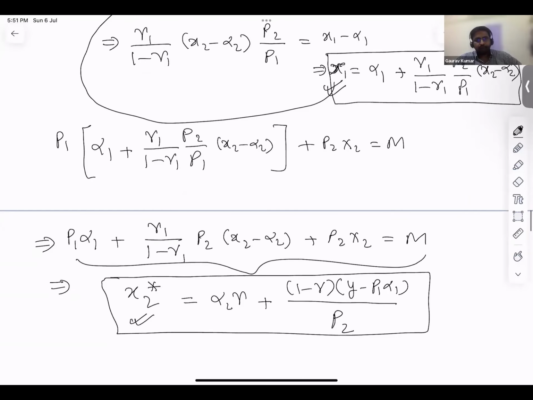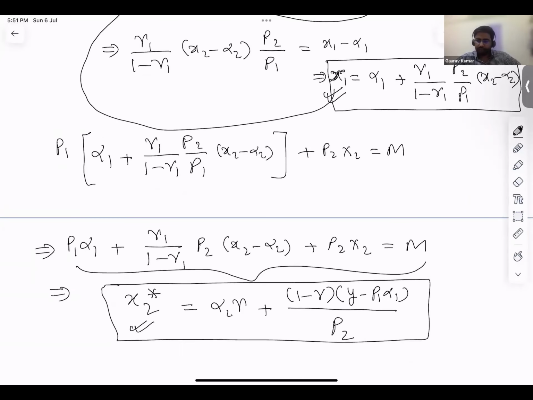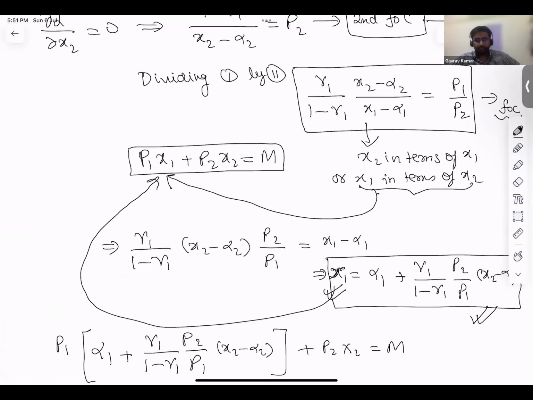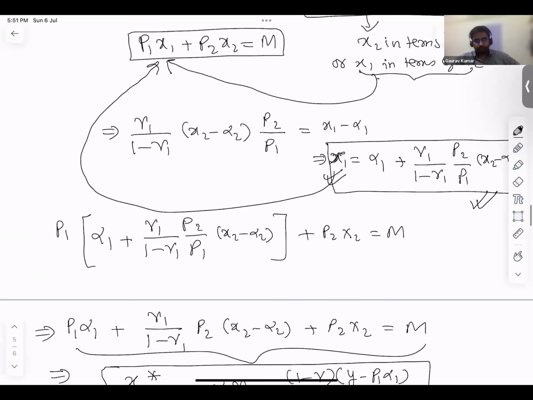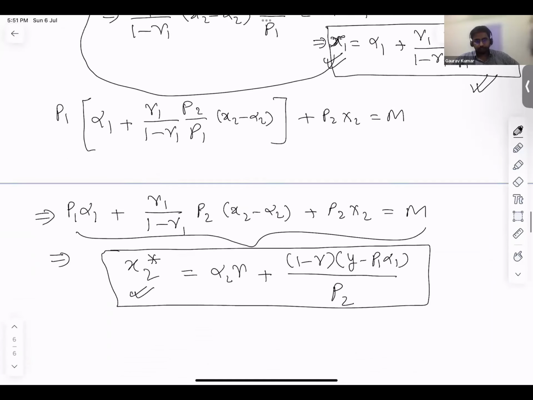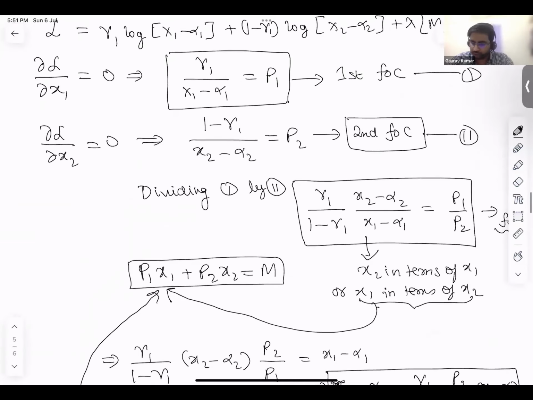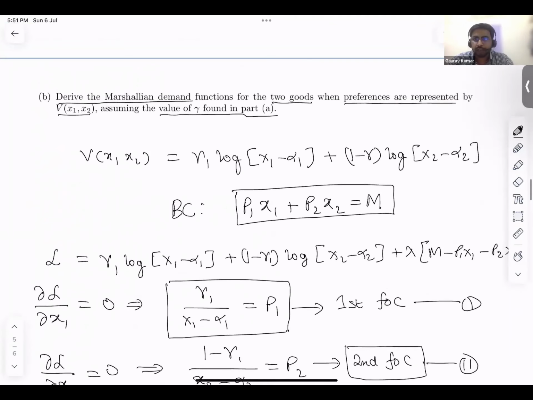And similarly, you can solve it for x1. Once you have x2 star, you can substitute it back in this equation and you will get x1 star. These represent the Marshallian demand for good x1 and good x2. Now please tell me if all of you have understood so that I can proceed.